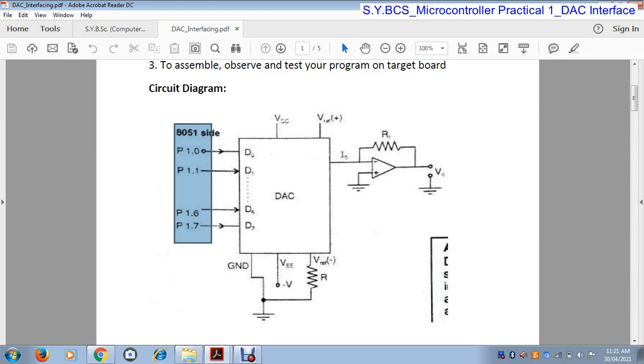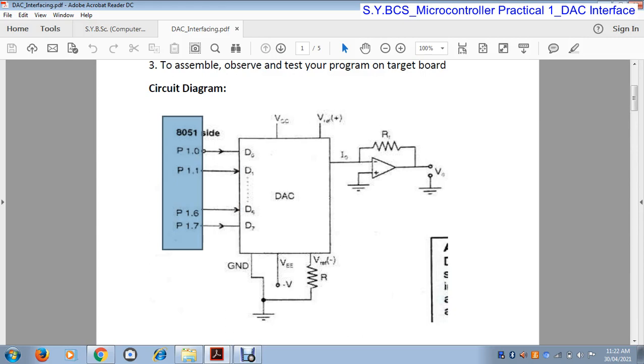D0, D1, D2, D3, D4, D5, D6 and D7 are the 8 bits of the DAC, and they are connected to the 8051 microcontroller.